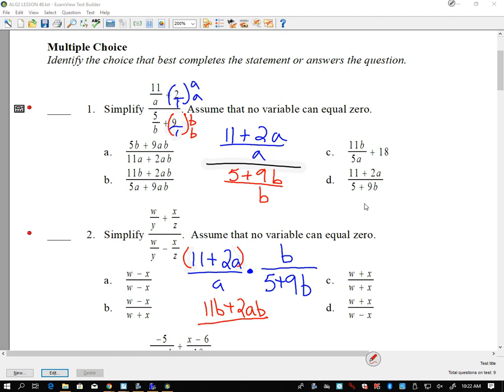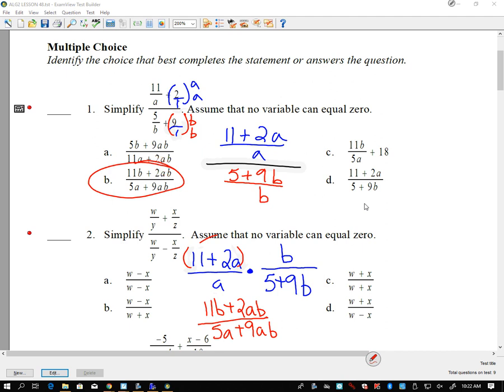Because I did it with the numerator, now I need to do it with the denominator. So 5a plus 9ab. Good. Okay. So we can go up here. Looks like B is my answer. Does this make sense? Okay.